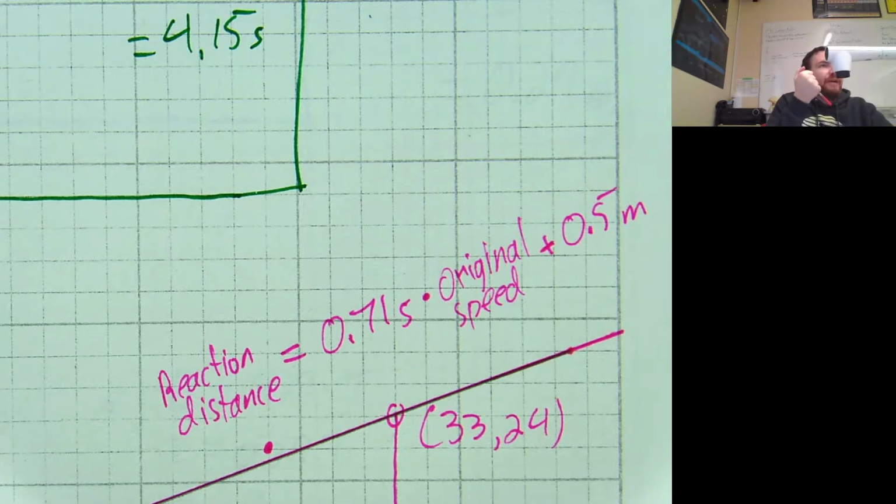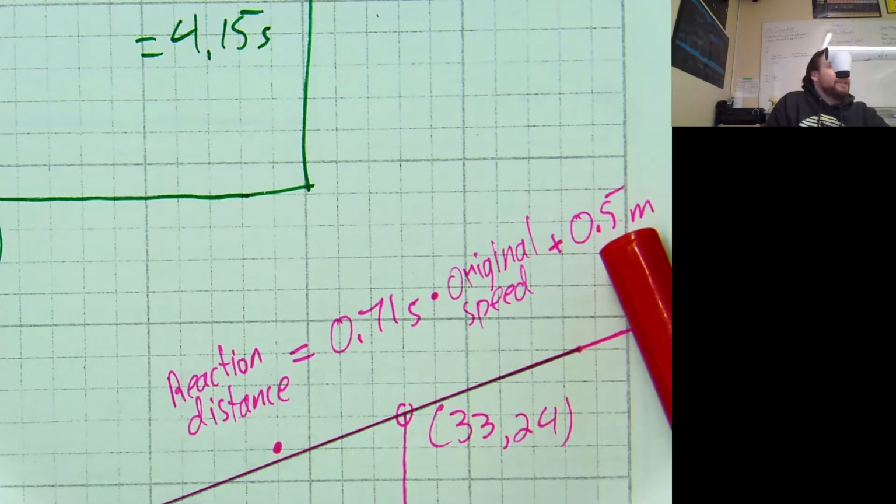So the question is, how accurate were we? No, I shouldn't even say that. How precise, there we go, that's the word I want. How precise are we able to be when recording the distance that it took for the person to react? Half a meter is 50 centimeters. For a car moving at 11 meters per second, 11 times 3.6, it's almost 50 kilometers per hour.